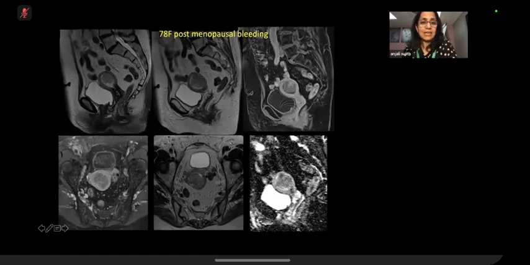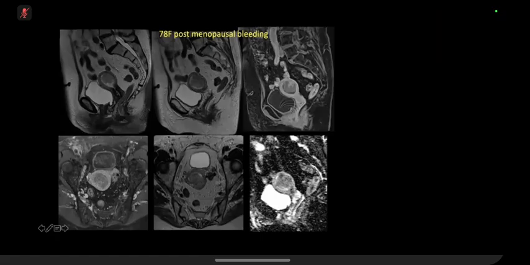Yeah, candidate number 3. Okay, so I have selected sagittal and 2 coronal sequences through the pelvis for a 78-year-old female with postmenopausal bleeding.